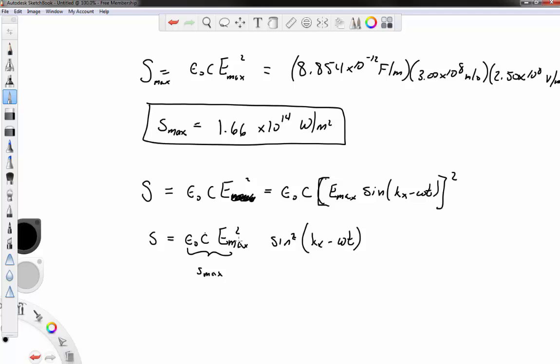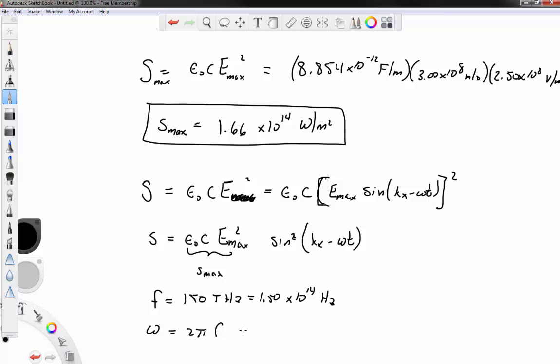And we're basically just looking at so many seconds after the first peak. We were given that the frequency in this problem is 150 terahertz. So F equals 150 terahertz is the same as 1.50 times 10 to the 14 hertz.